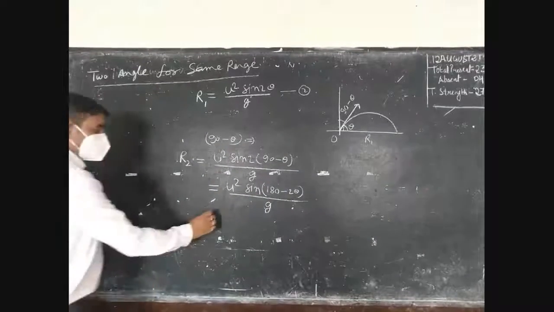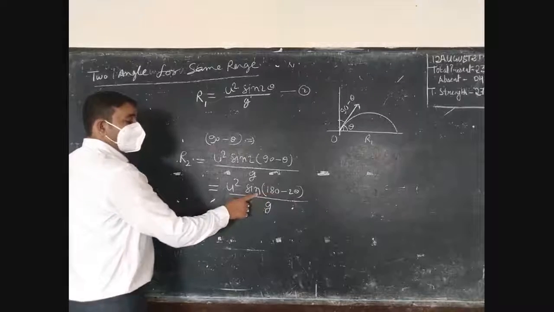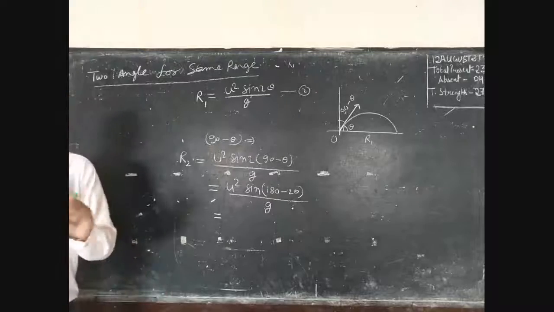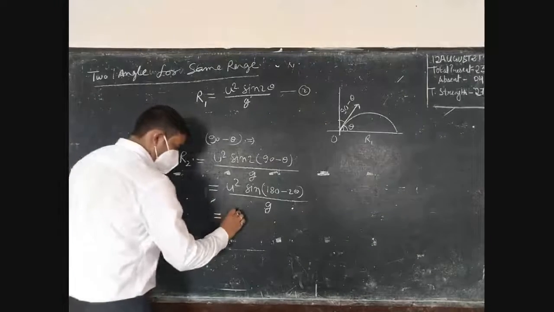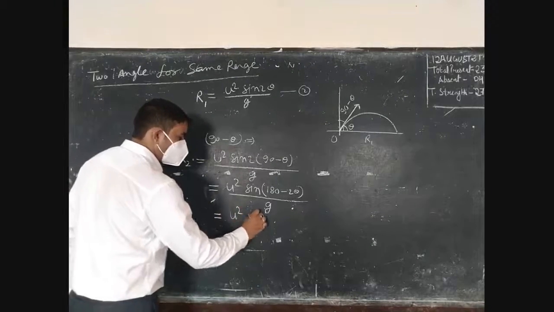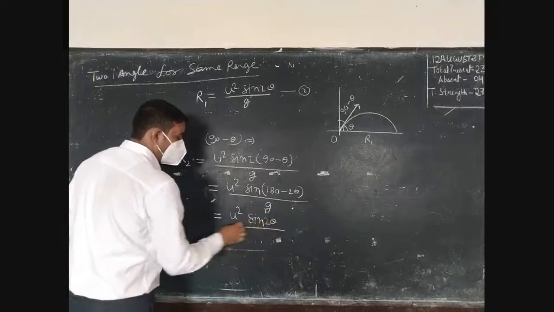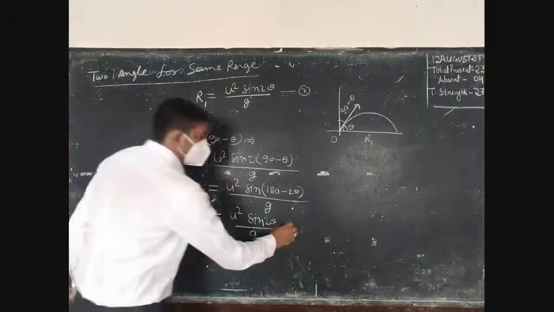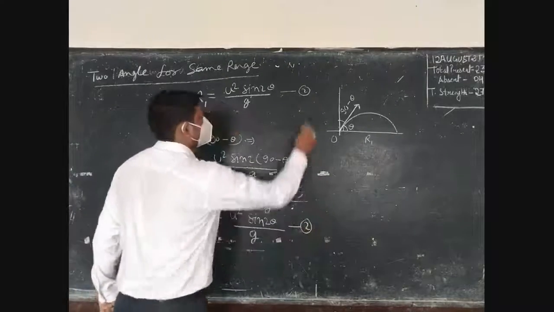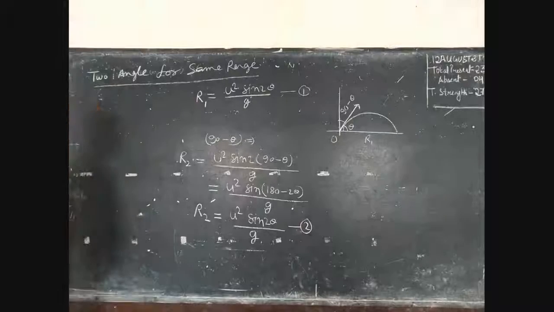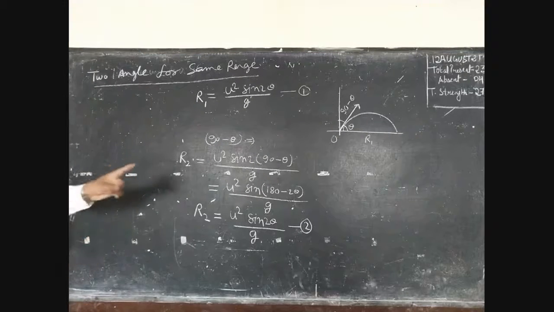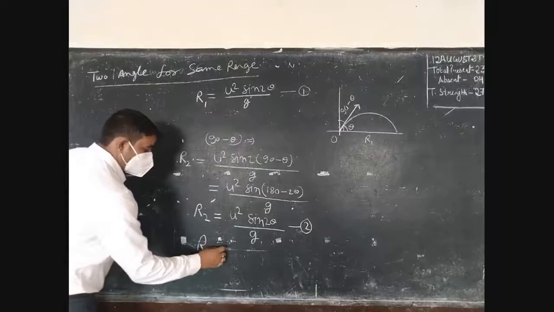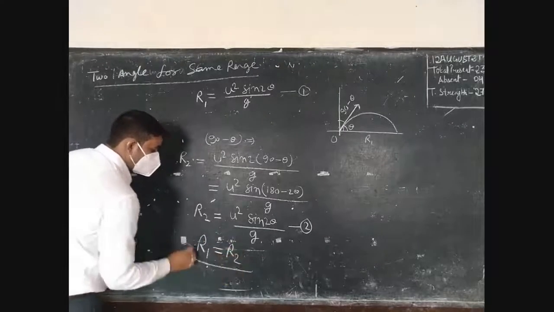Now as you know, sine of (180 minus theta) remains sine theta. Therefore we get u square sine 2 theta upon g. This is your R2, equation second. Now the RHS of both equations is the same, that is, range 1 is equal to range 2.